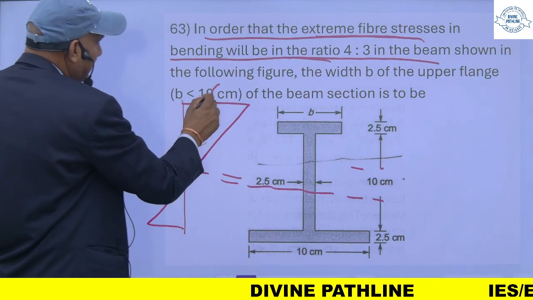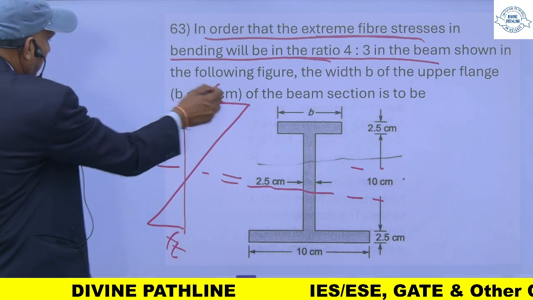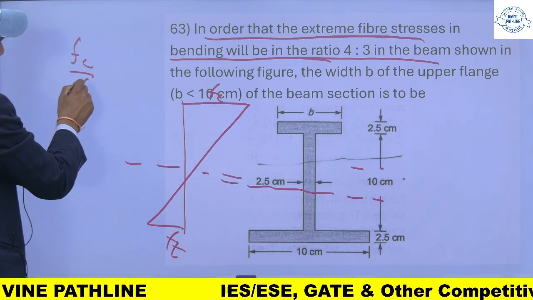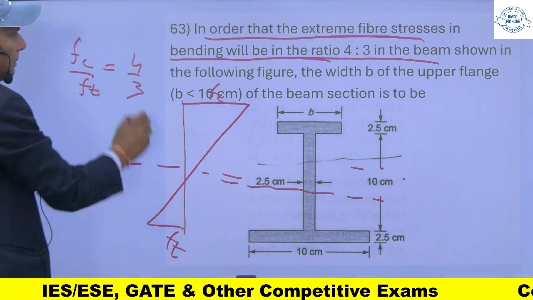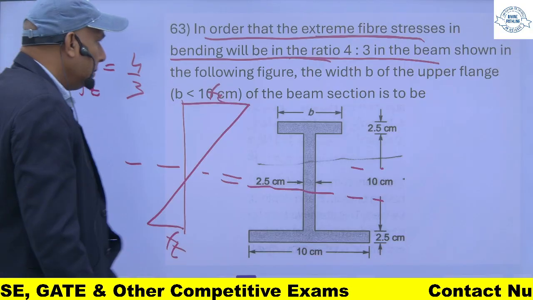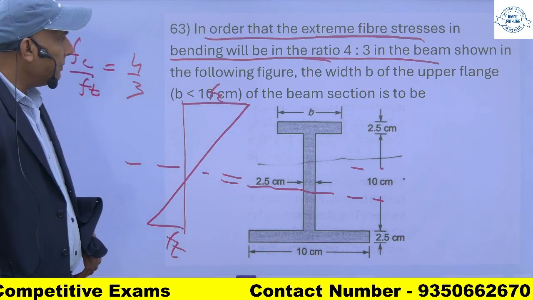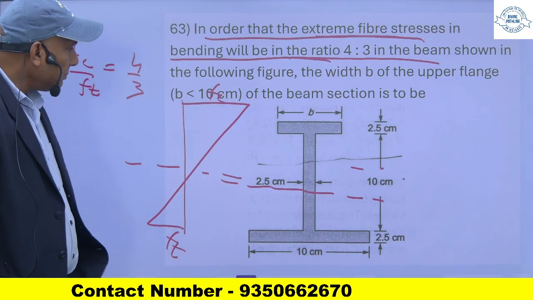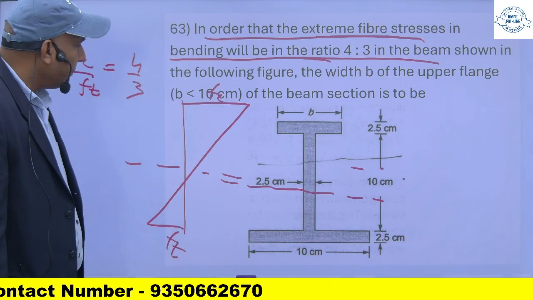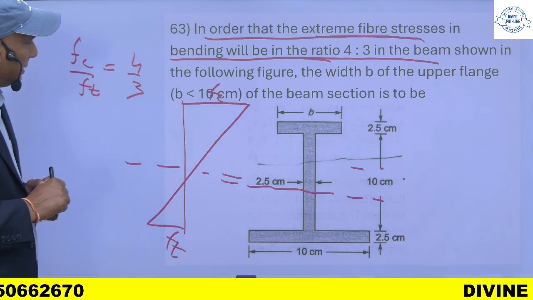So if this is FC and this is FT, it means the ratio of FC upon FT is equal to 4/3. The width of the upper flange is less than 10 centimeters. So this ratio is 4/3.